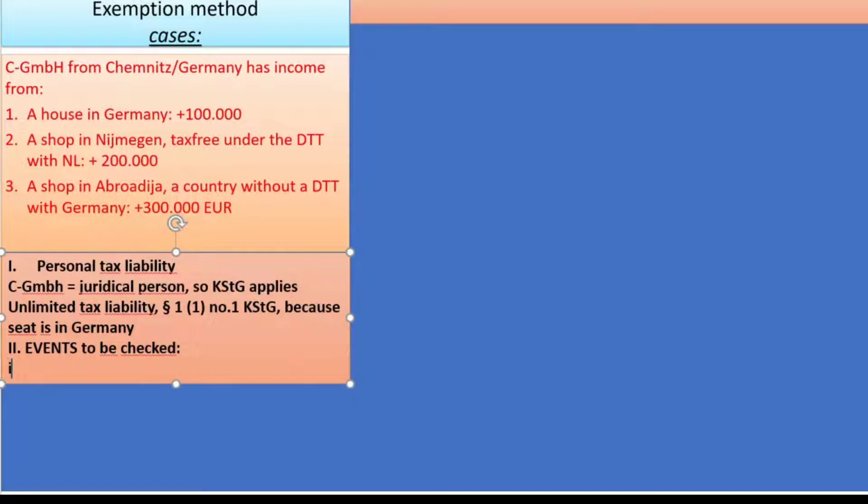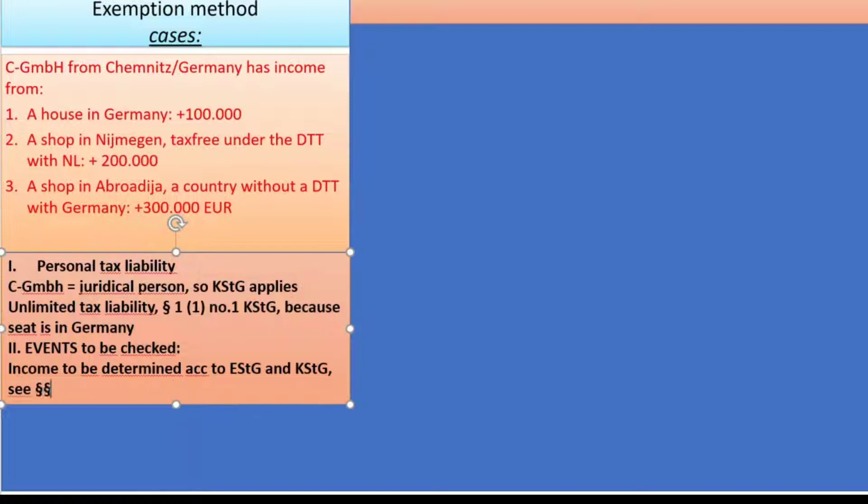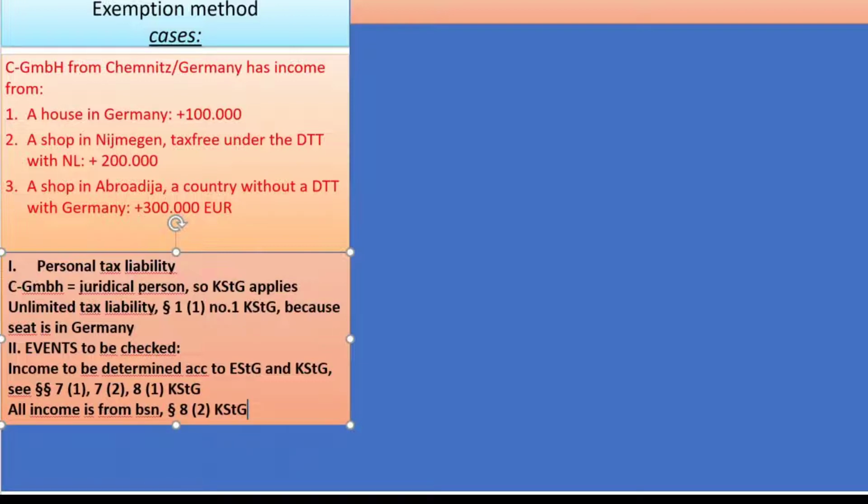This is income to be determined according to EStG and KStG. See the usual paragraphs. That was 7.1, 7.2, 8.1 KStG. By the way, from time to time you should have a look into these paragraphs just to know them. All income is from business, paragraph 8.2 KStG.